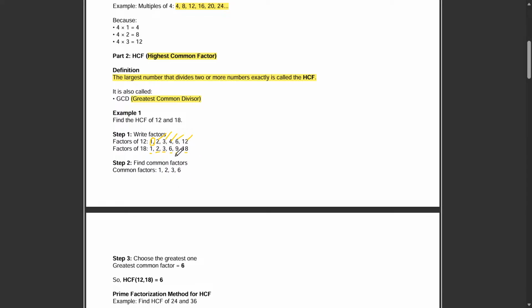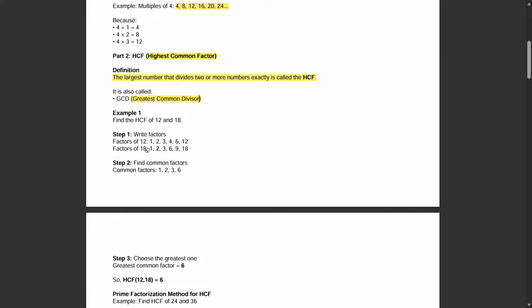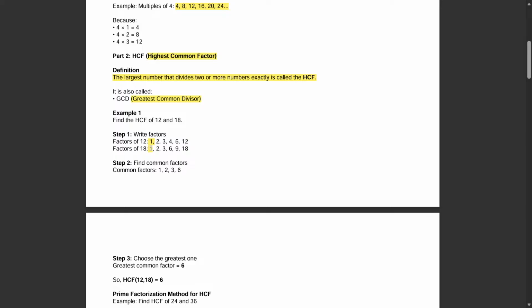In step 2 we will find the common factors. I'm showing you: 1 is a factor of 12 and also of 18, so it is common. 2 is a factor of both, so it is common.